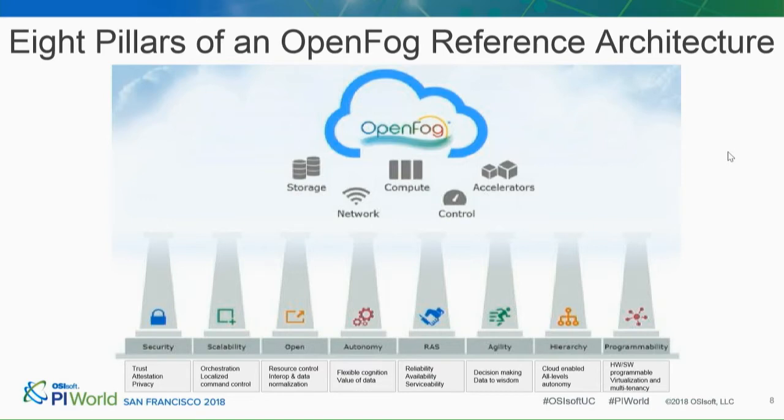And these architectures are based, as a reference, on eight important pillars. You see them here: security, scalability, openness, autonomy, etc. Again, in the presentation on fog computing that we will have this afternoon, we will go into the details of this. Here I'm just setting the background, and then I will explain why we have created FogLAMP and why FogLAMP is the way we've done it.